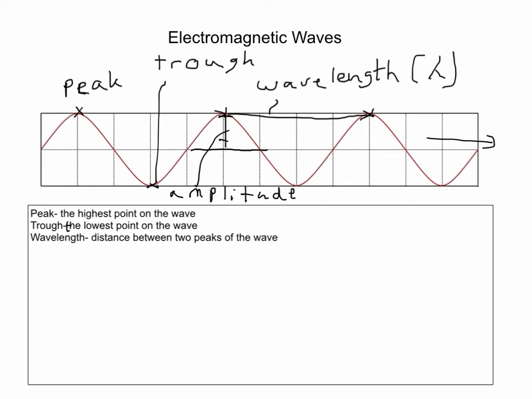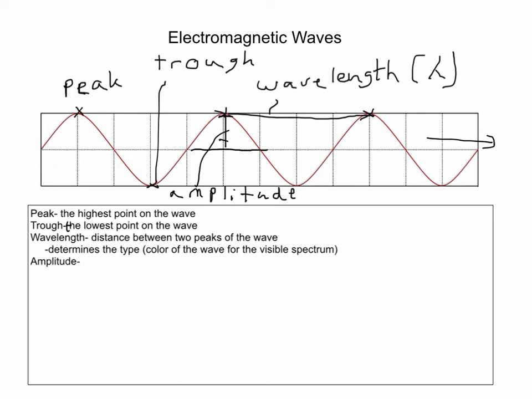And the wavelength determines the type of wave, or if we're dealing with the visible spectrum, color. We also defined amplitude.